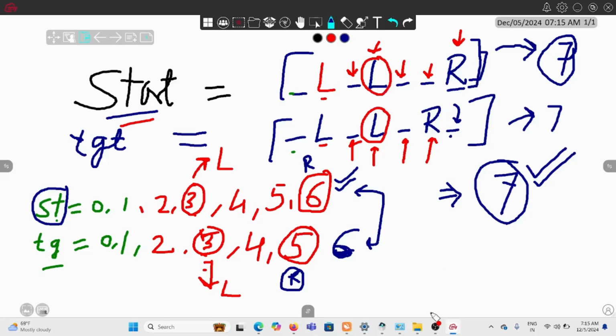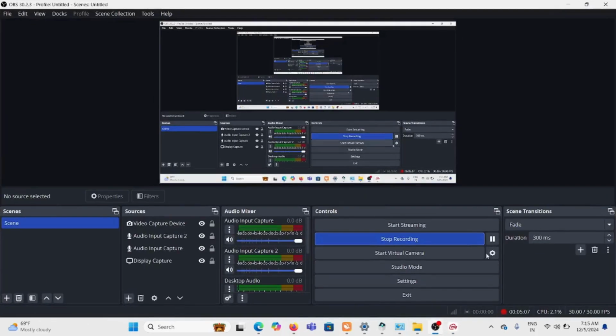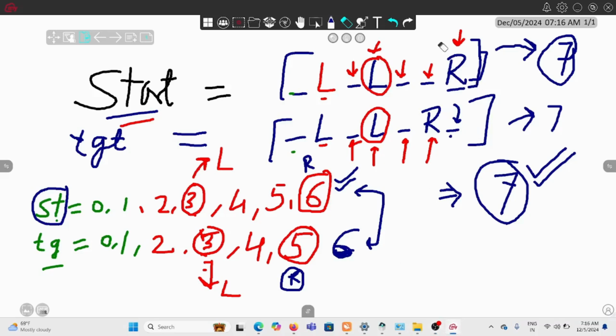So let me take a different example. Or we can consider this example itself. For example, let's say this was R. Something like LR, and this is LL only. So what would happen at this location 3 when we compared?